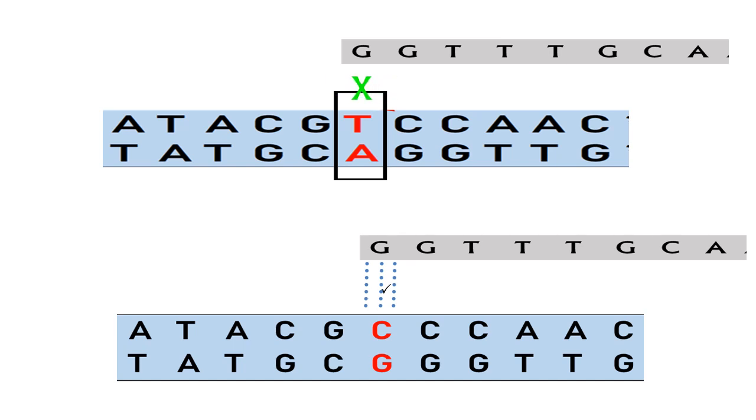In the first DNA molecule there is no binding because there is no complementarity between G and T, and in the second DNA the binding is successful because G is complementary to C.